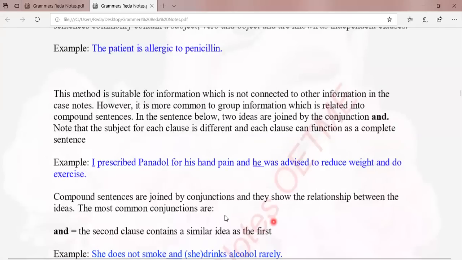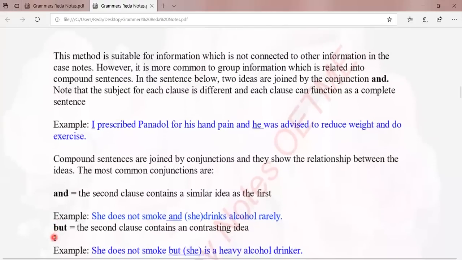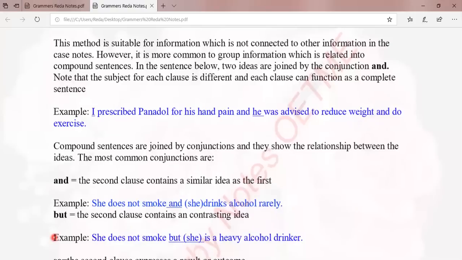So this is called compound sentences, joined by conjunctions like and, and they show the relationship between ideas. The most common conjunctions are and, so the second clause contains a similar idea as the first.